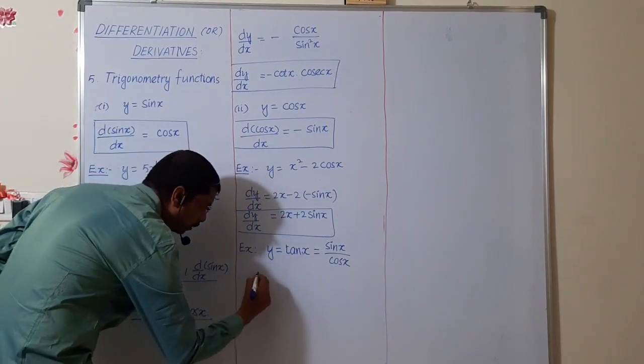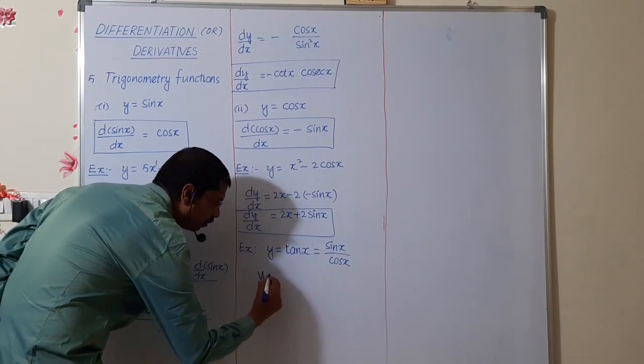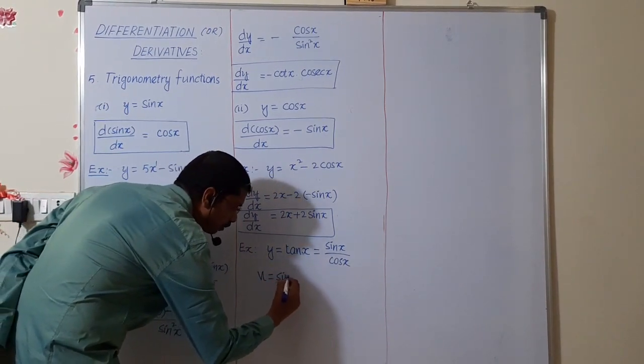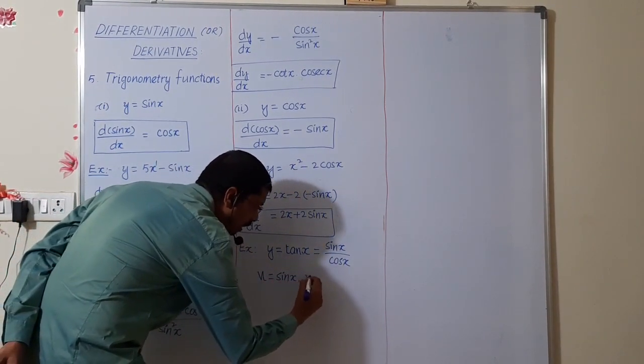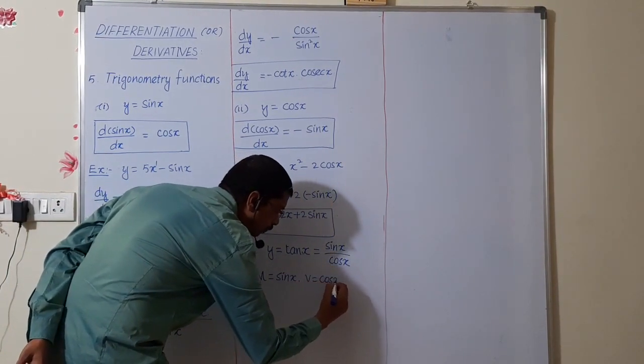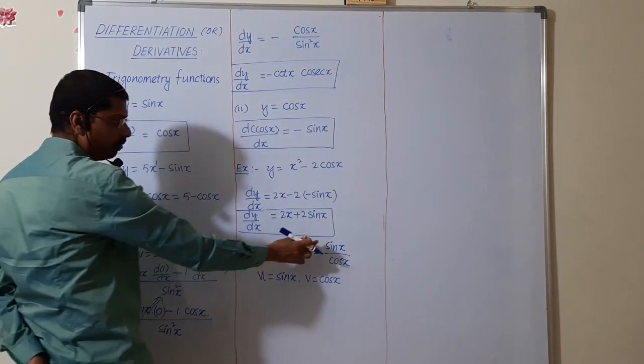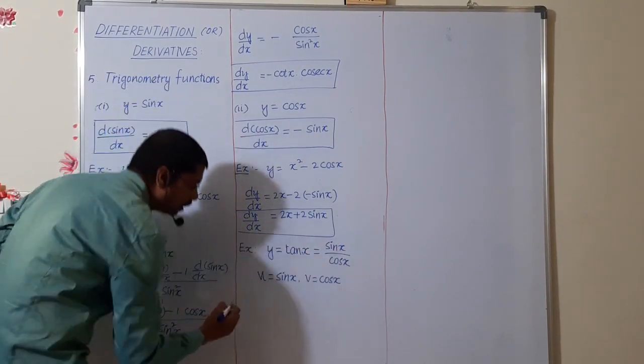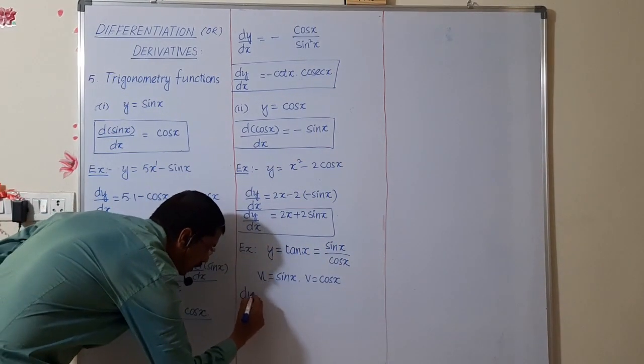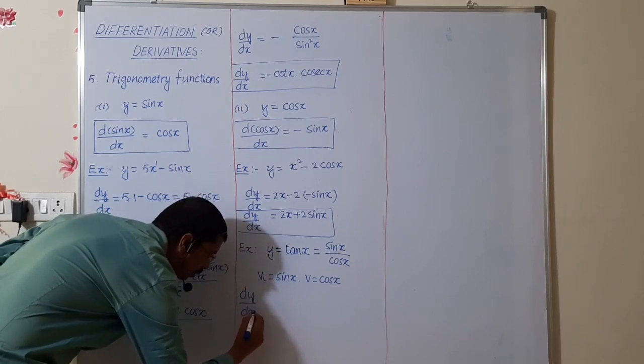If you write u equals sin x and v equals cos x, it seems to be the division rule. Now we can use the division rule for dy upon dx.